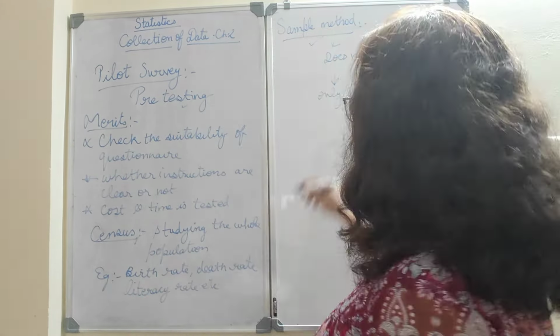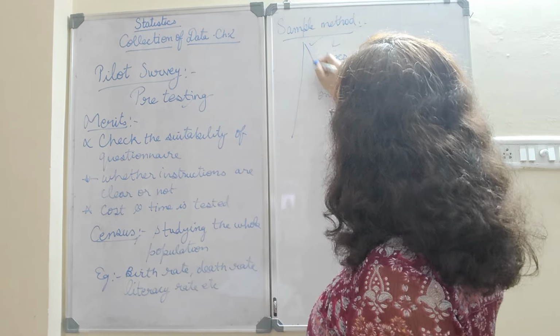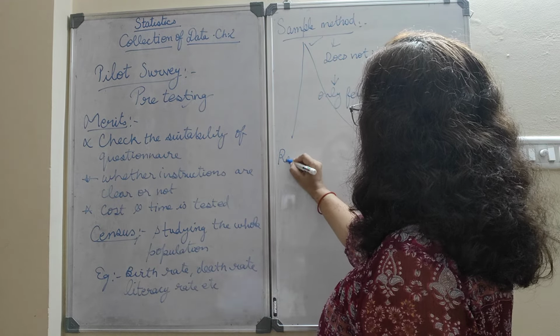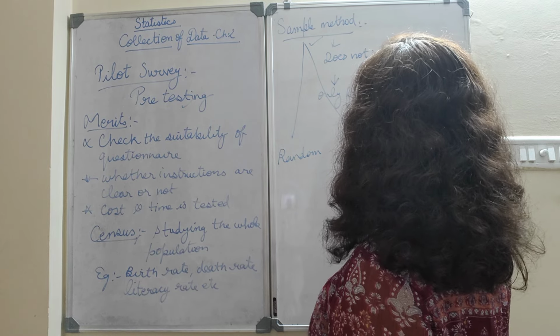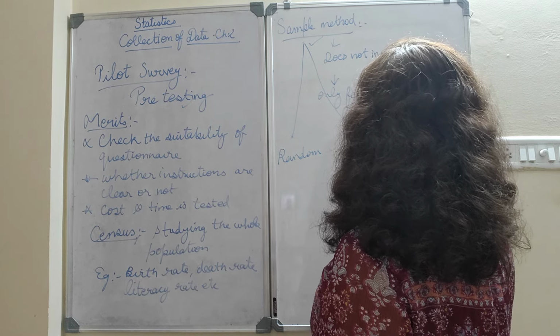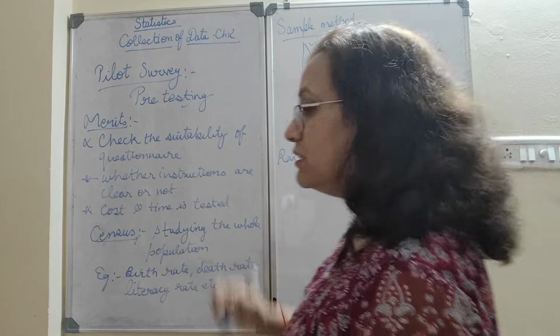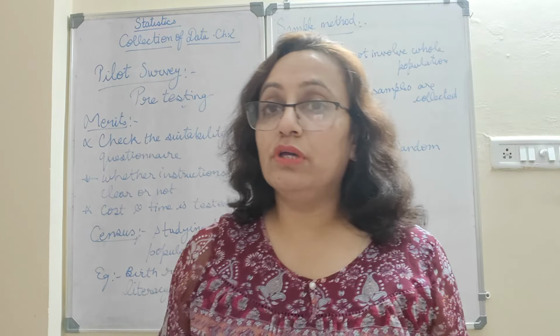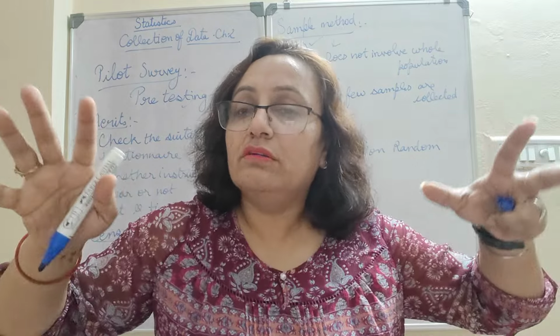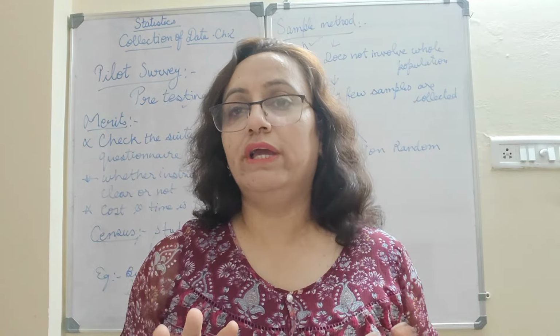Now two types of sampling are done. It has two parts, random and non-random. I'll explain. Random is, suppose a party is organized in your house, right? You are planning to give a nice gift to one of the guests of the whole gathering.